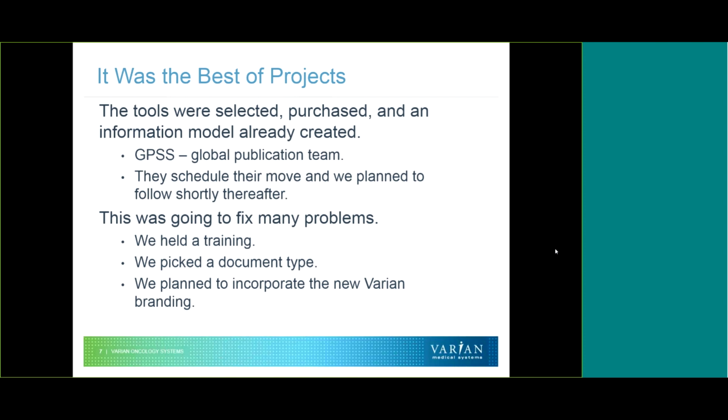We hired a company and had a boot camp in our department. We picked out a document type that we wanted to start with, and we began planning to incorporate the new Varian branding, which had just come out within, I'd say, 3 months of us starting our project. So we got very enthusiastic and excited, and it seemed like it was going to be the best of projects.